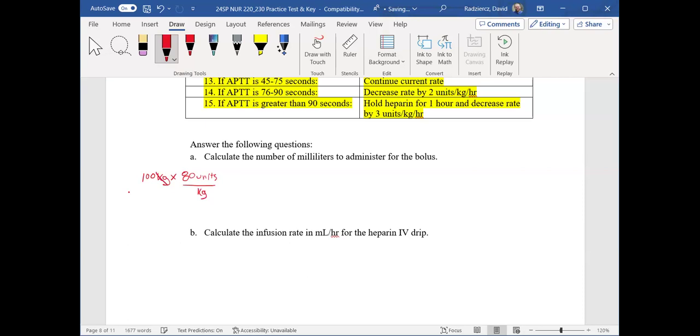I'm going to remove kilograms, and I'm going to be left with units. If we're doing this in steps, I'll just show you in steps, and then I'll show you how to do this more in a long-form way, but you could just keep going with your dimensional analysis if you want to. I'm just going to stop here and do 100 times 80, which will give me 8,000 units.